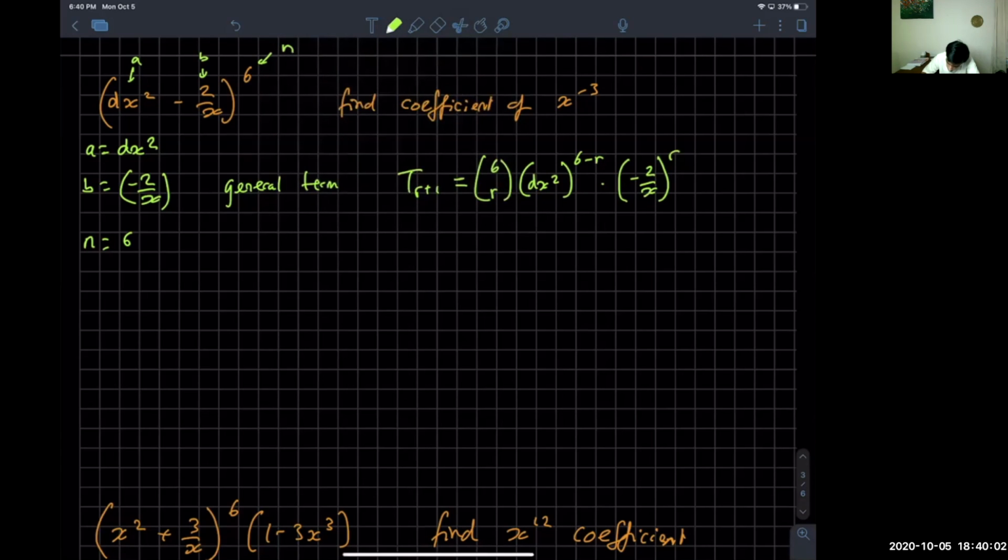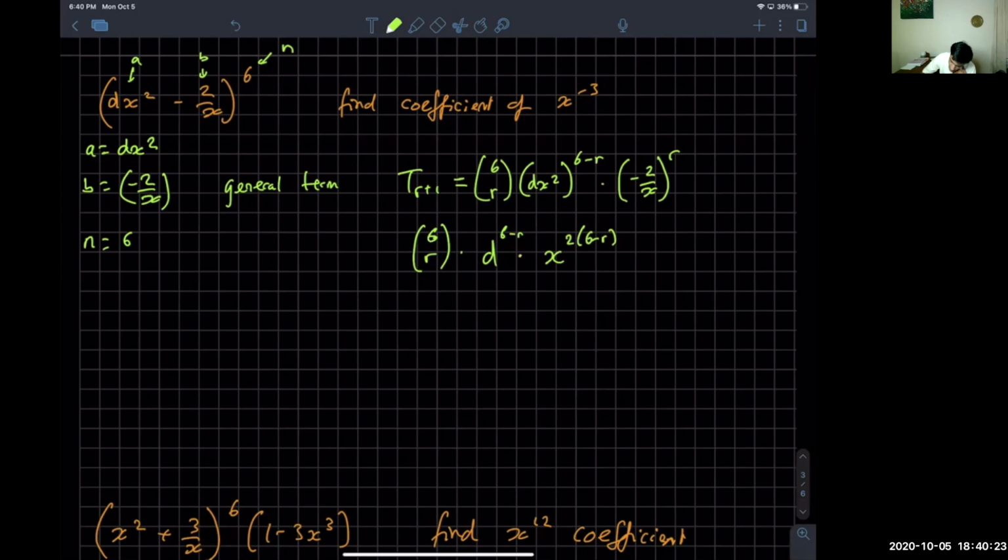So let's keep going. We have 6 C R times d to the power 6 minus r multiplied by x to the power 2 times 6 minus r. I've just expanded this bracket.